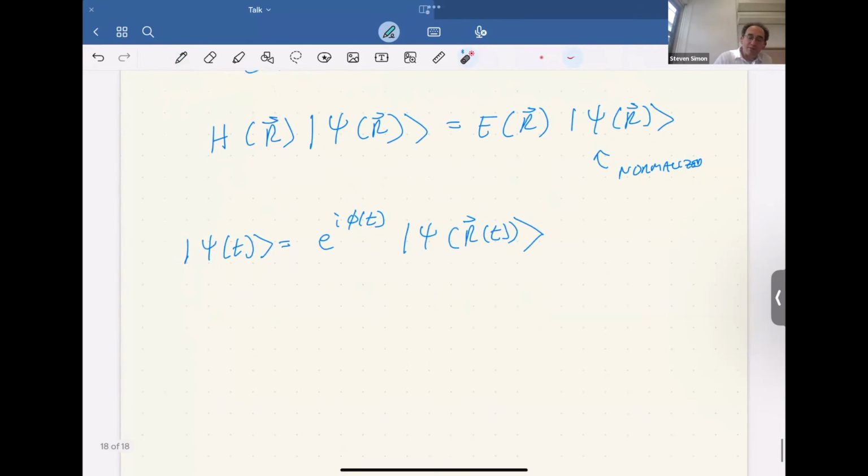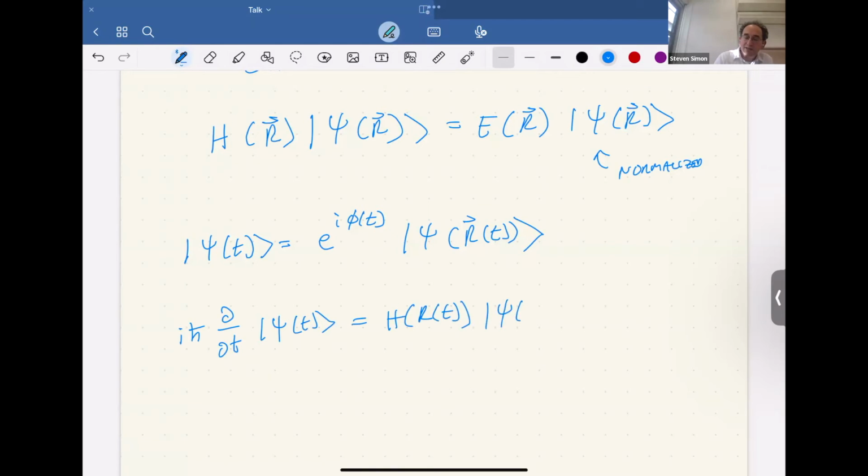How do we do that? We just put it into the time-dependent Schrödinger equation. So we have i h bar d/dt of psi of t equals H of R of t times psi of t.